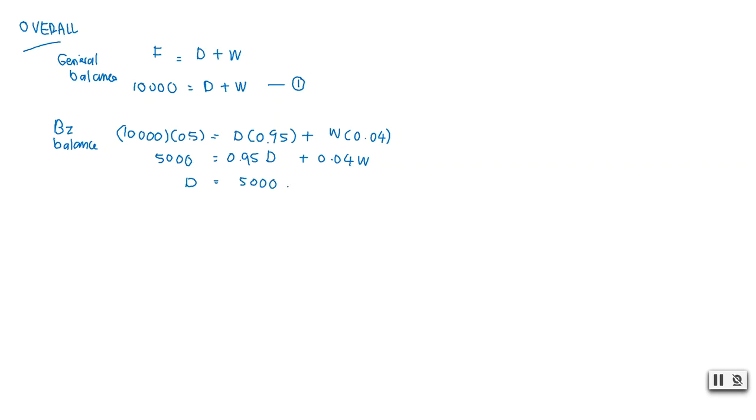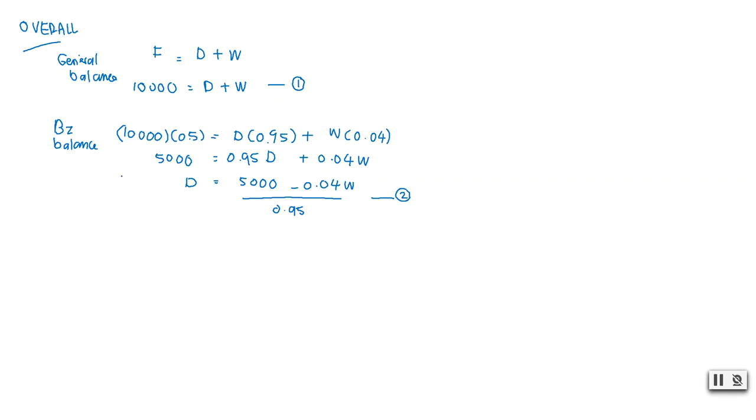At the end, we simplify to D equals (5,000 minus 0.04 W) divided by 0.95. This is equation 2.